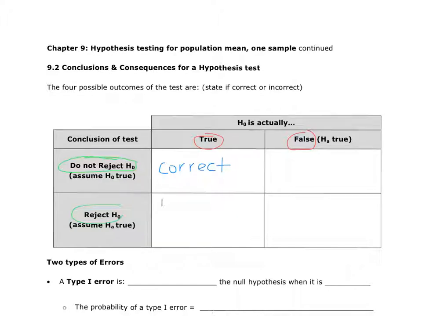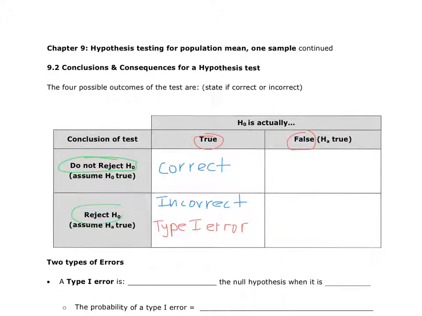That's incorrect, and we call that a type 1 error. That is when we reject a true null hypothesis.